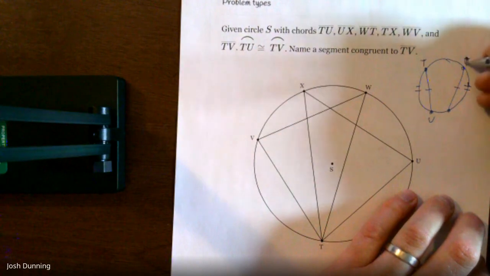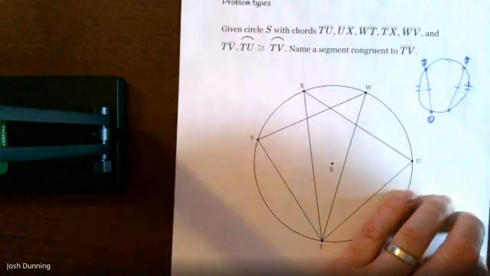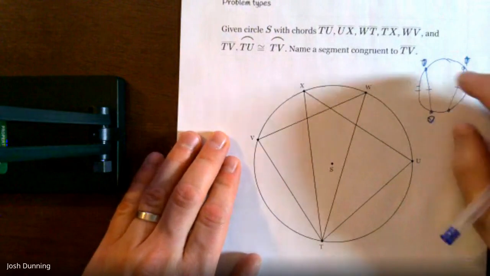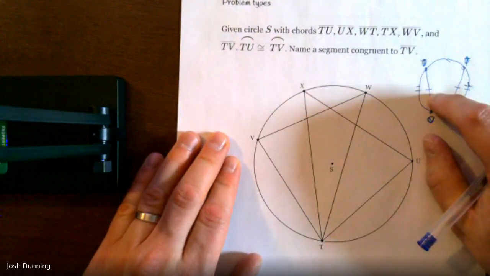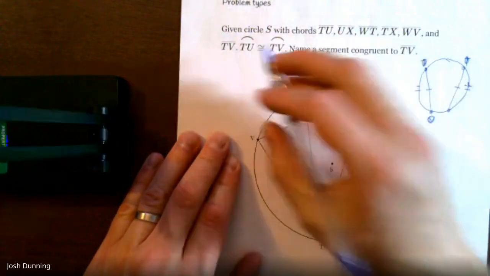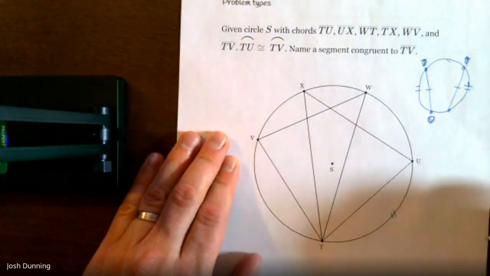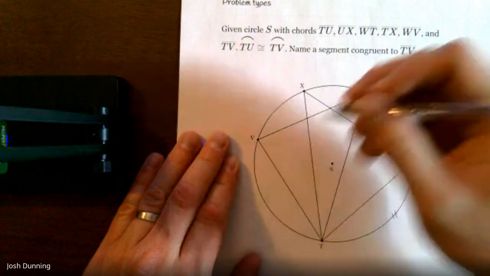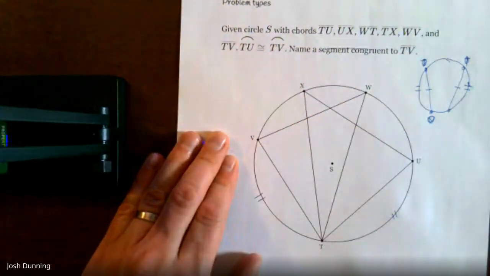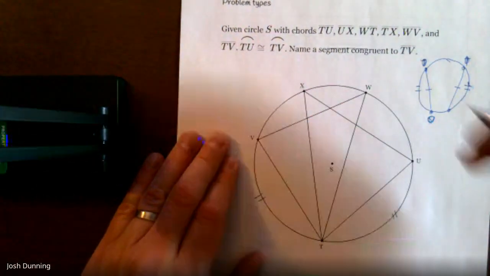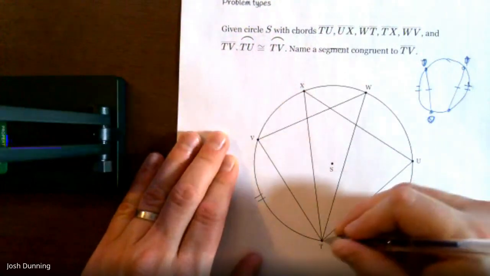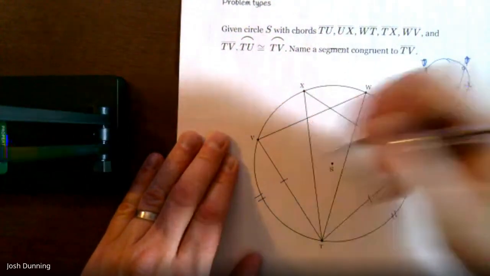Anyway, equal chords give you equal arcs. So if arc TU and arc TV are congruent, then the chords that cut them out also are.